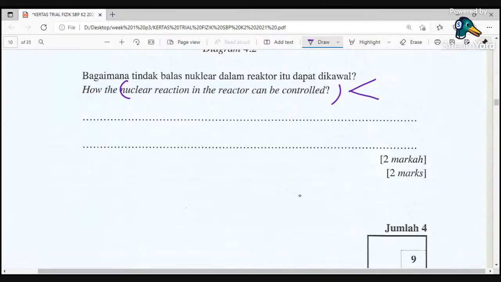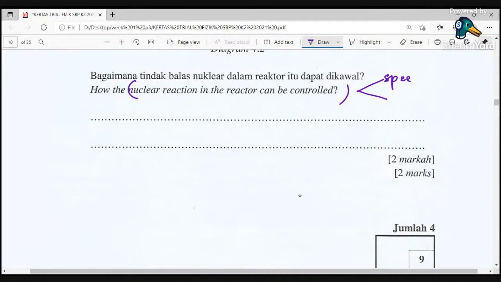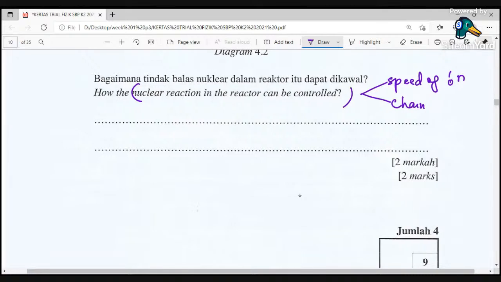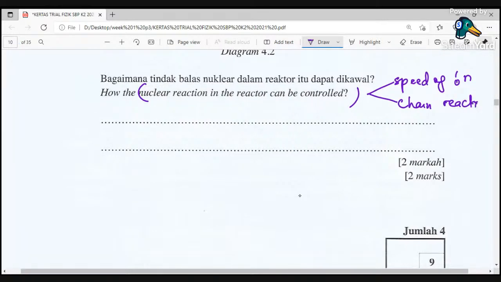First, to control the speed of neutron. Second, to control the chain reaction. So that's why we have two control rods. The dual control rod.